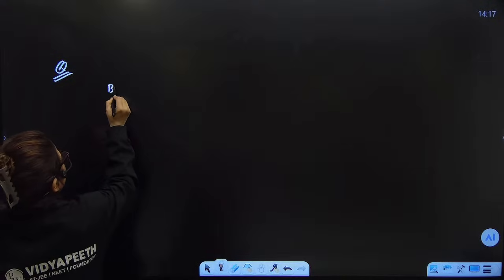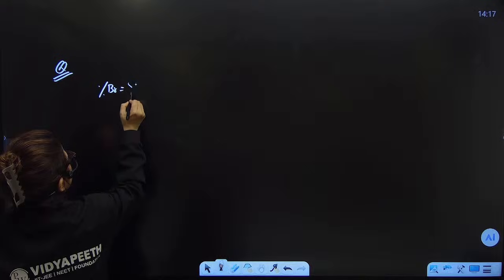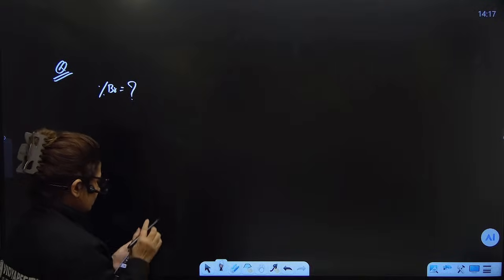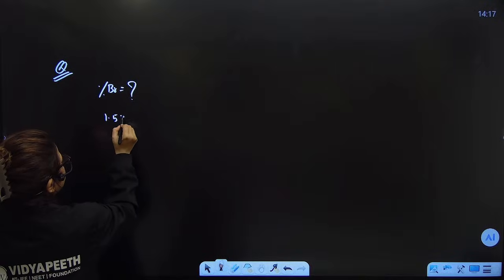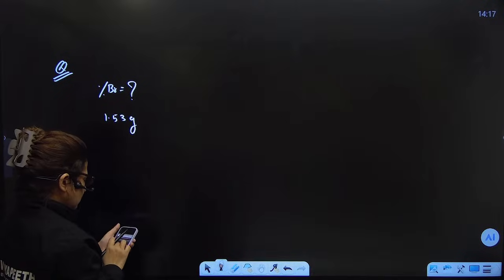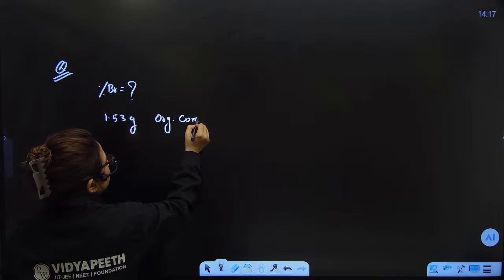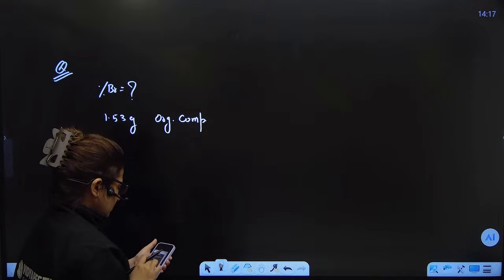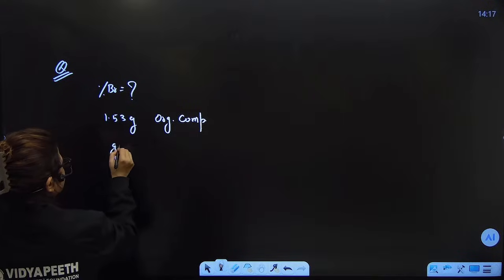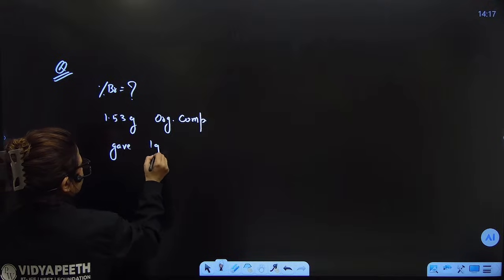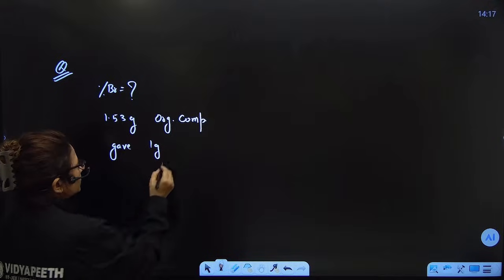The question is about Carius method, the estimation of bromine. We have to find the bromine percentage if 1.53 gram of an organic compound gave 1 gram of AgBr.